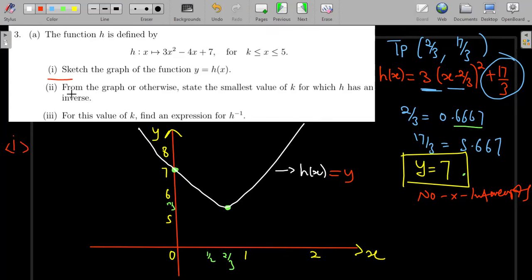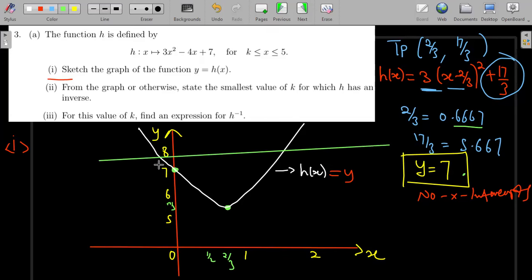Then they're saying, from your graph or otherwise, state the smallest value of k for which h has an inverse. We know that for a function to have an inverse, that function should be a one-to-one function. We can use the horizontal line test to test if something is a one-to-one function. We just draw a horizontal line anywhere on that graph.